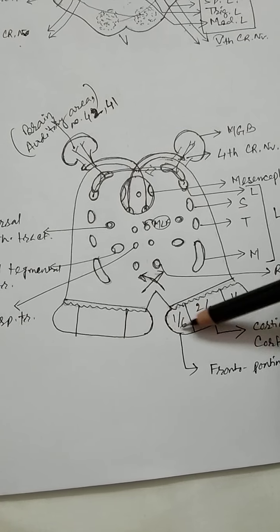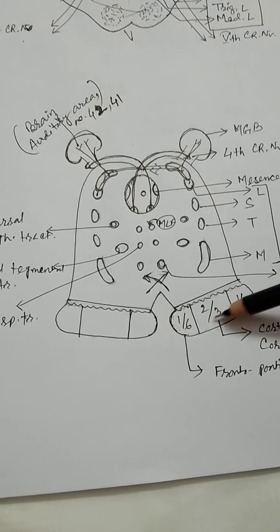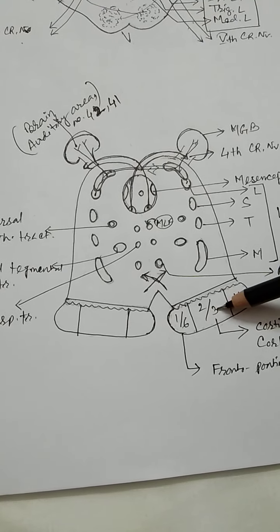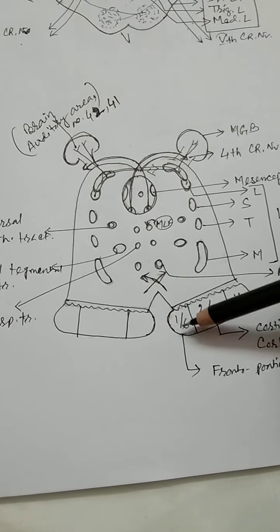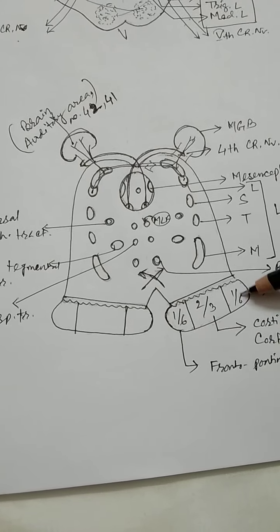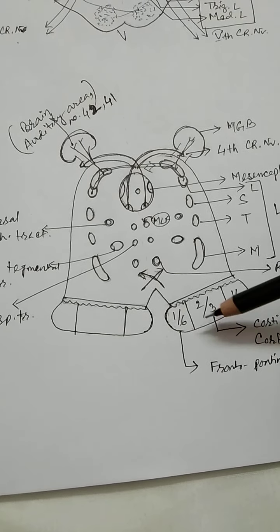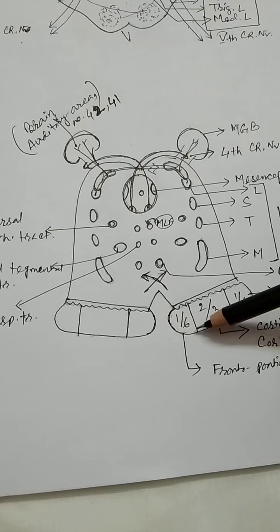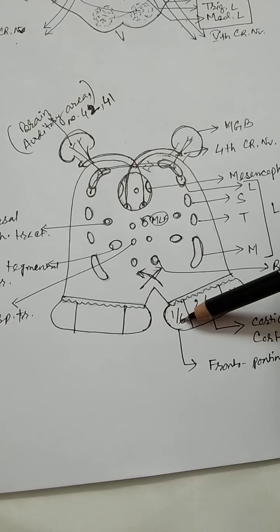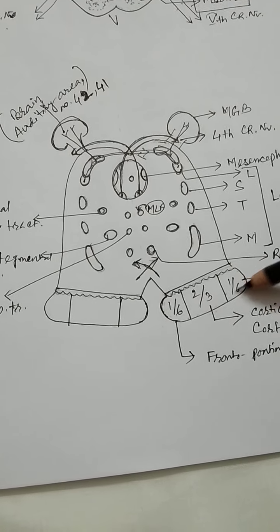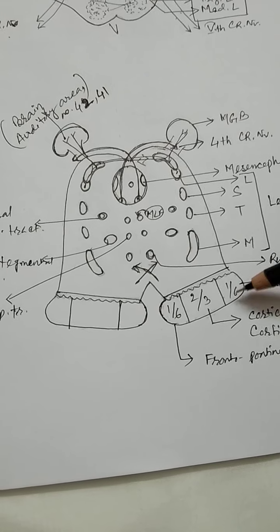I have labeled here the medial 1/6, the middle portion 2/3, and the lateral 1/6. Through the medial 1/6 the frontopontine fibers are passing, and through the lateral 1/6 the temporopontine fibers are passing.